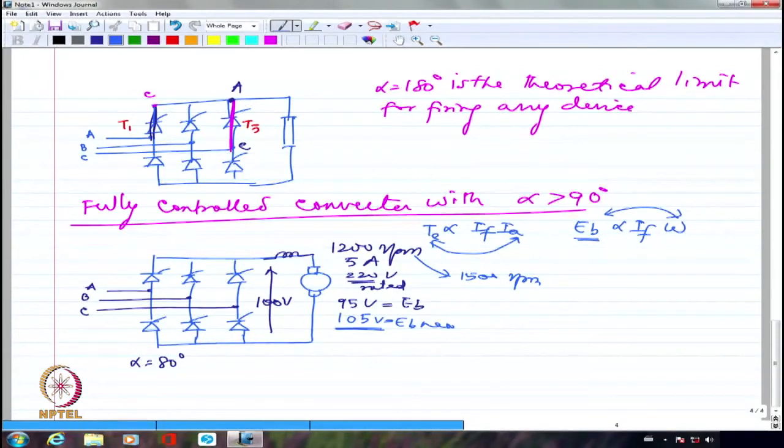If the back EMF increases from 100 volts, no way I will be able to push the current into 105 volts. No way. I will not be able to really push the current into 105 volts compared to what my 100 volts is. So, I necessarily need to do something and I want to control the speed.